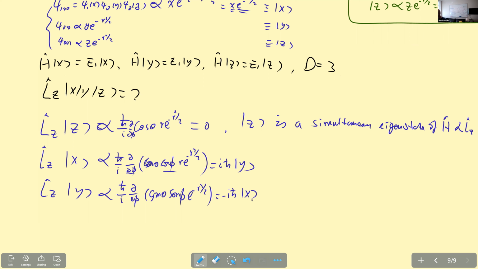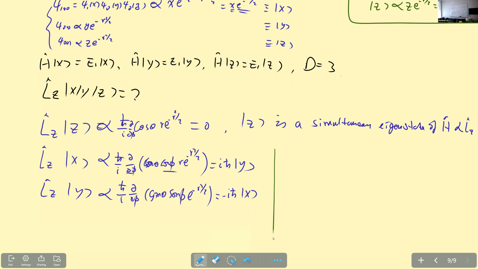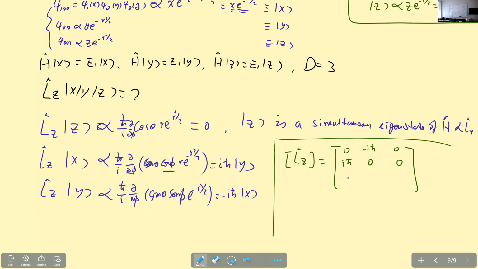Right. So from this you get a matrix. You change x to y. So this one will give you minus i h bar, 0, 0, and i h bar, 0, 0, 0, 0, and you're acting on z, which gives 0.